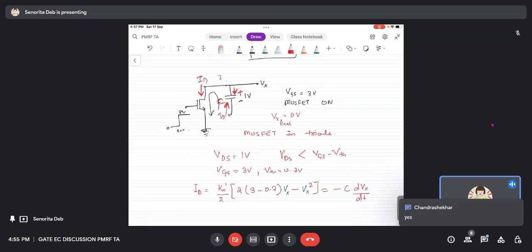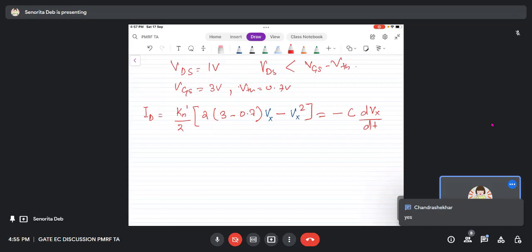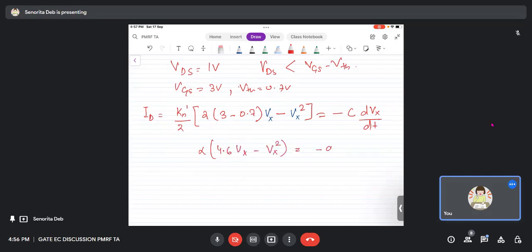Okay. So after this, if you solve this, I'm not doing the entire solution here. You can take all the constants to be some alpha, and it will come out to be like this. So this Kn dash by 2 into C, everything I have taken to be alpha.